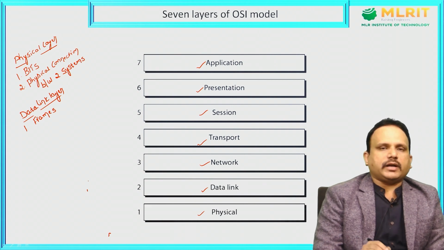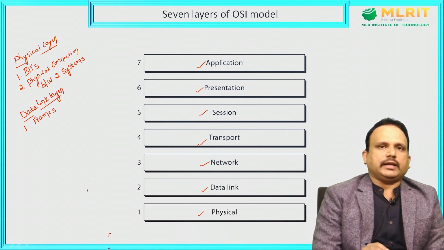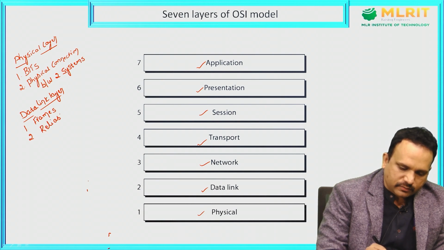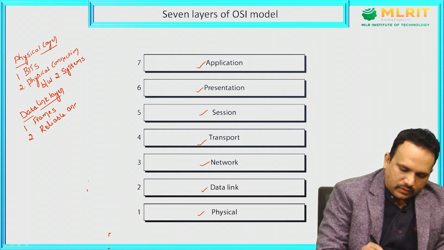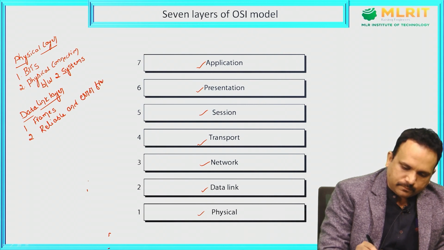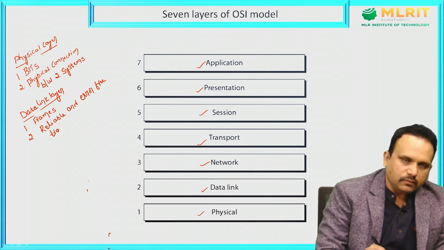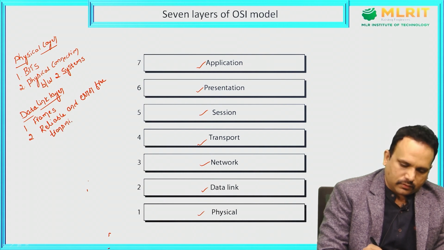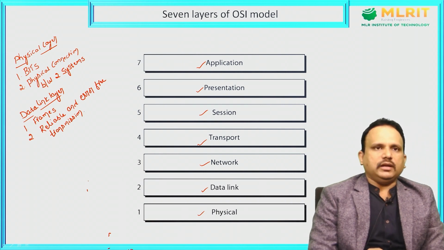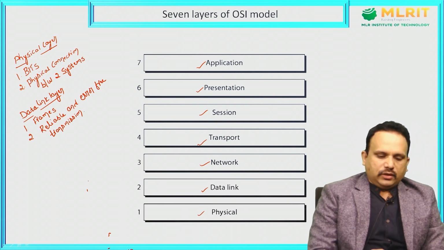The main aim of the data link layer is reliable and error-free transmission.